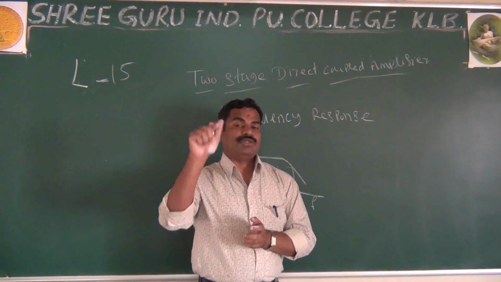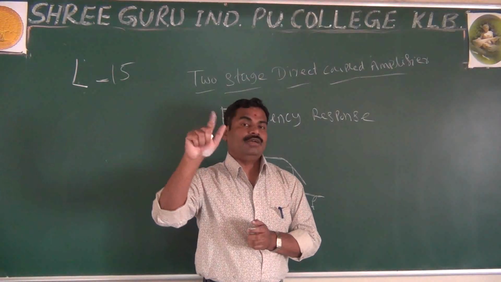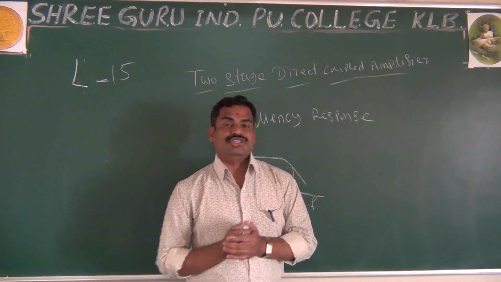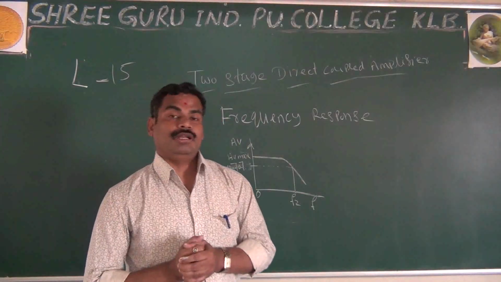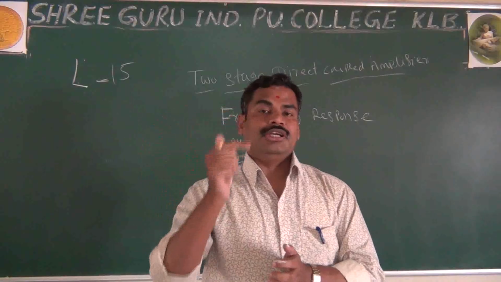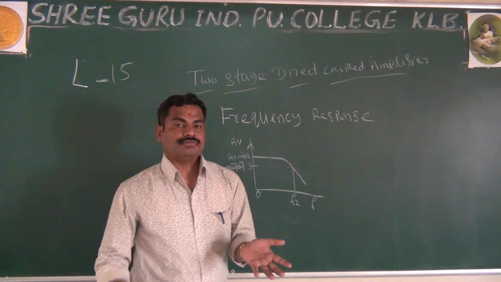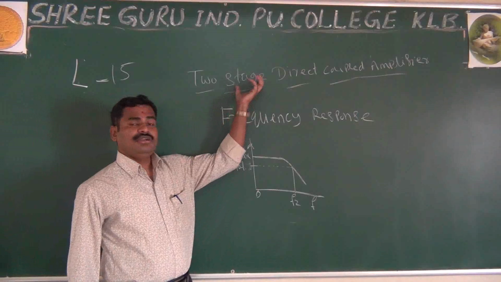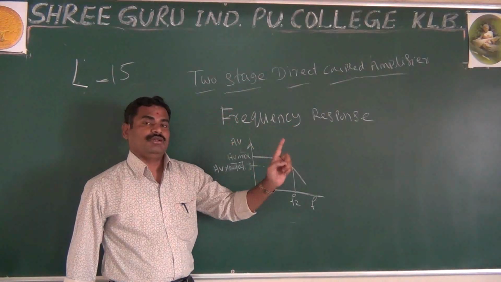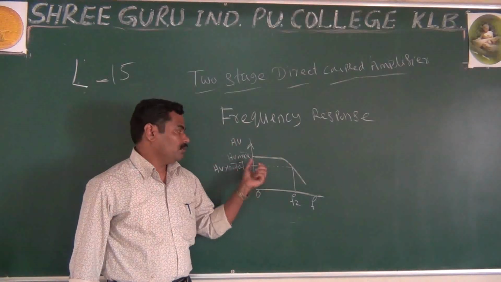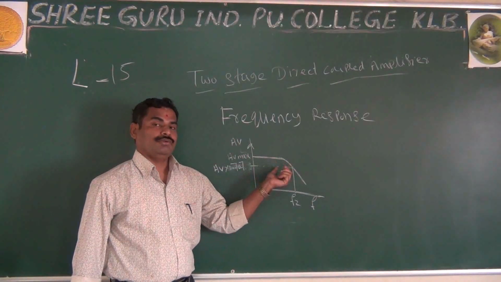Only because of your capacitors, especially the coupling and bypass capacitors. They act as a high reactance. Because of the high reactance of the coupling and bypass capacitors, the gain reduces. But as you are using a direct coupled amplifier, you are not using any bypass or coupling capacitor. That's why the gain will be constant for low frequency.